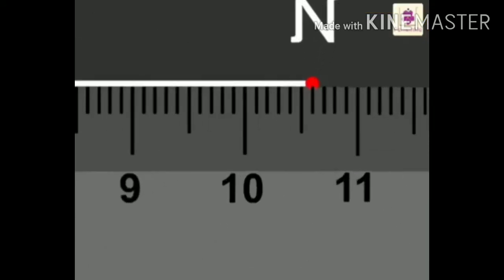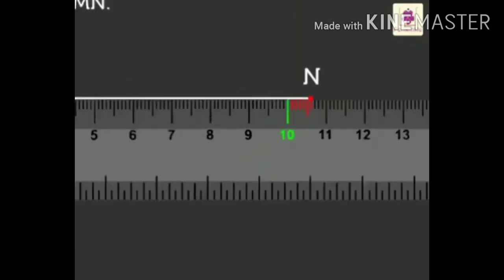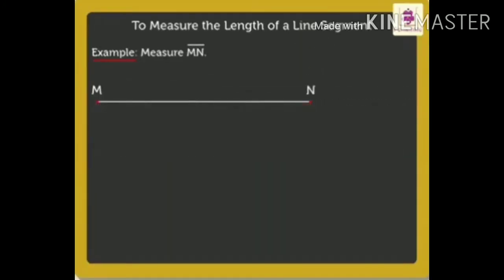Look, point N of the segment coincides with the 6th division after 10 centimeters on the ruler. Thus, we say that segment MN is 10.6 centimeters long. We read it as length of segment MN is equal to 10.6 centimeters. We write it as shown.